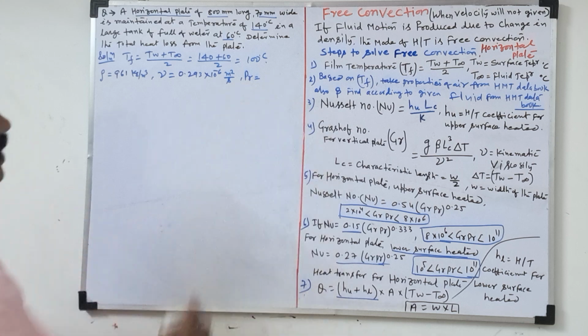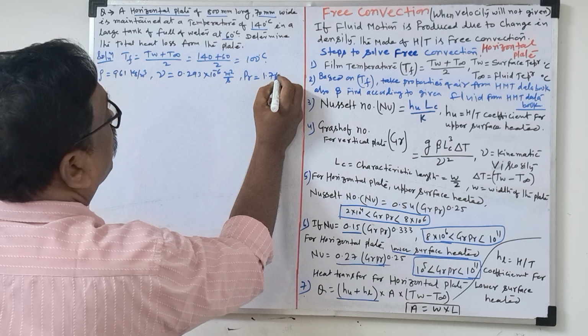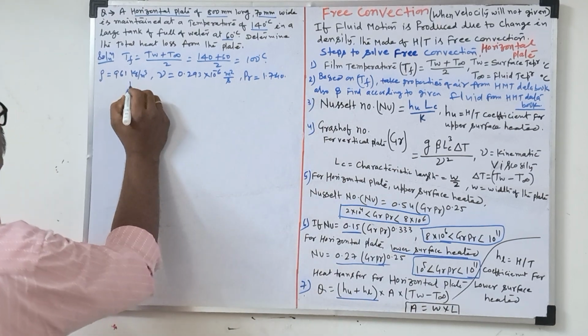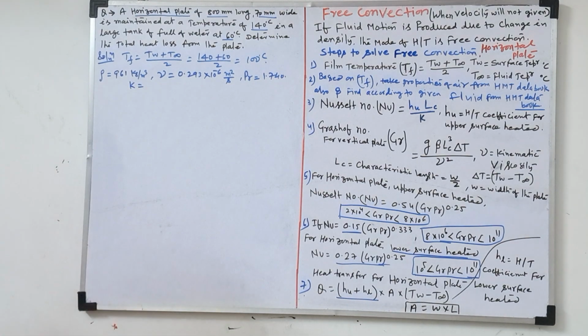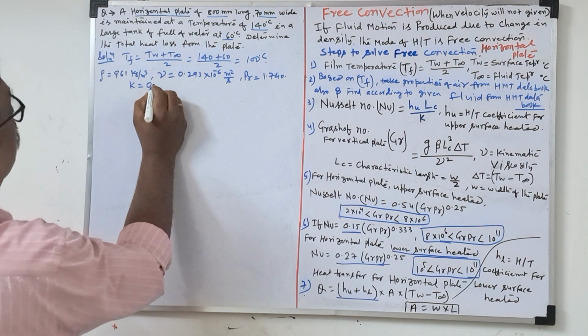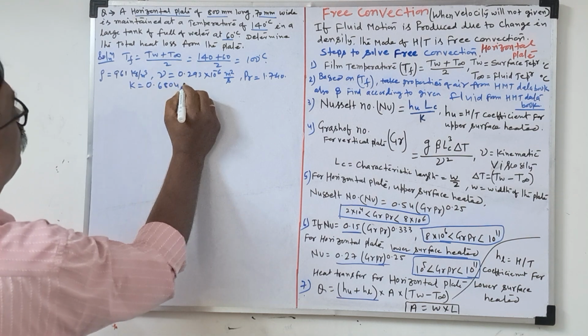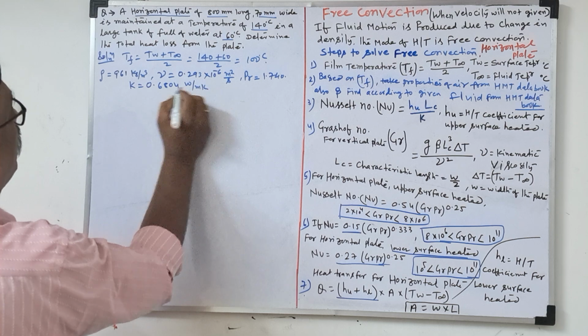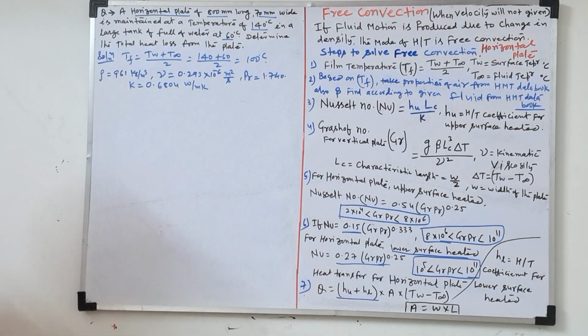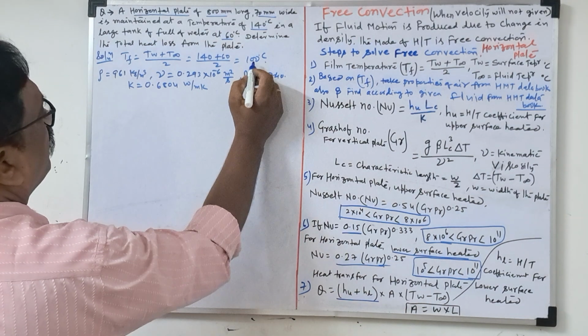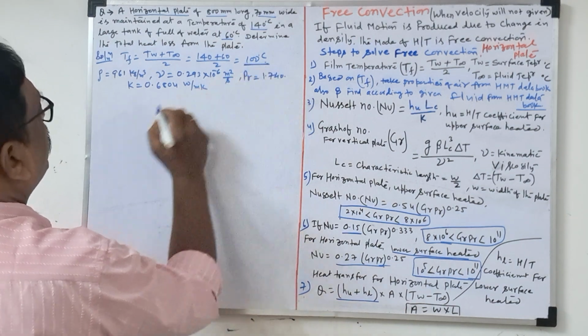Then the Prandtl number is 1.740. Then thermal conductivity K is 0.6804 watt per meter Kelvin. All the properties we have taken from the HMT data book at a temperature of 100 degrees Celsius.